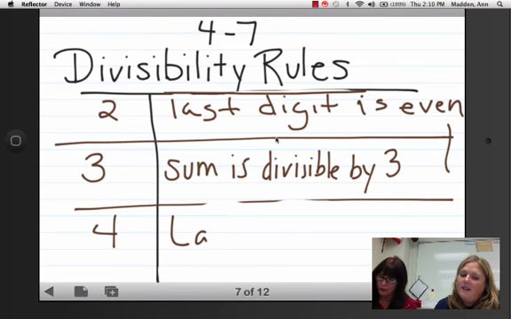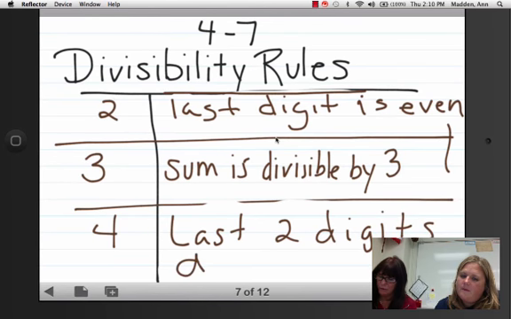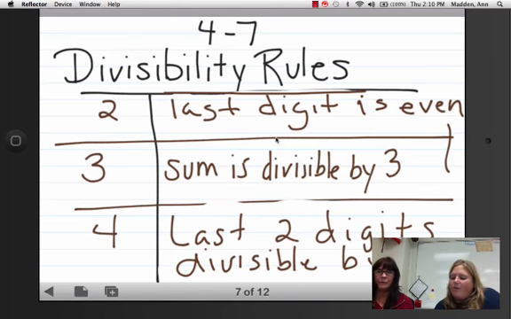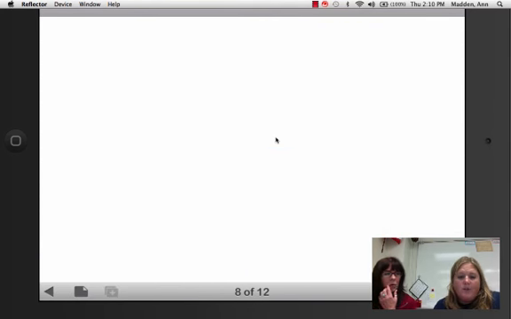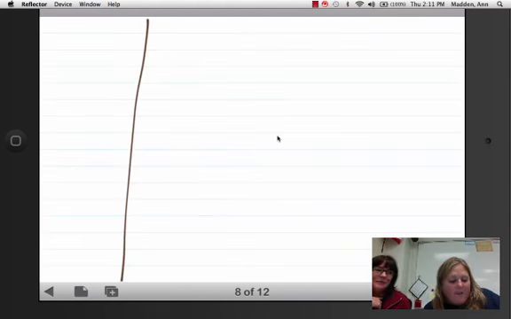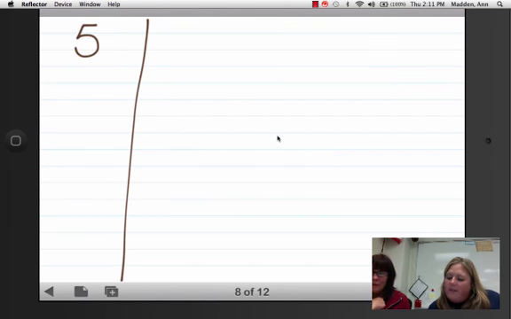Last 2 digits divisible by 4. All right, we're going to go on to the next page. You continue on your same page. All right, our 5 rule. 5 rule is if the last digit is a 0 or a 5, it's divisible by 5.